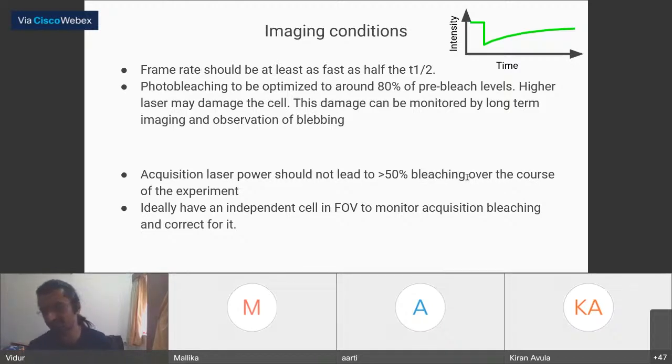And 80% is ideal. However, anything from 60 to 85% is doable. So that's something that everyone will have to experimentally iterate and standardize.